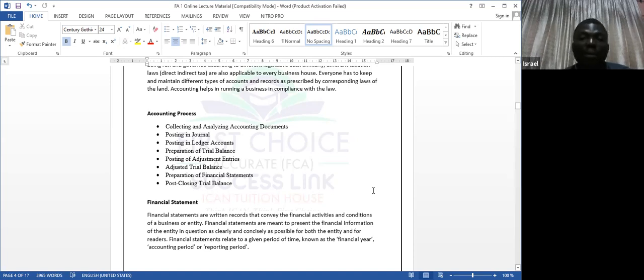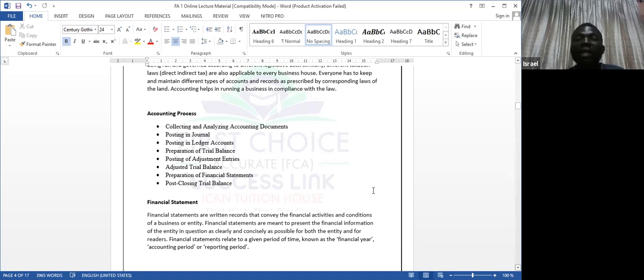These stages are applicable to any type of financial statement, and it's very good for you to know and remember. The first one is collecting and analyzing accounting documents.